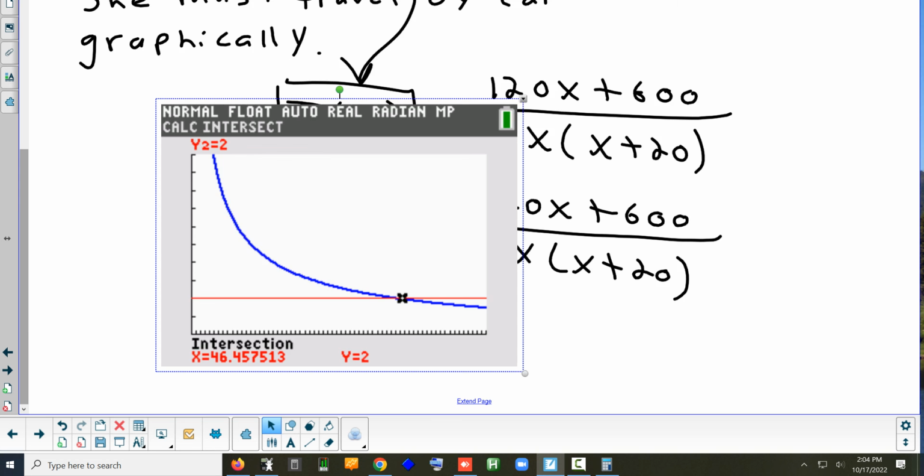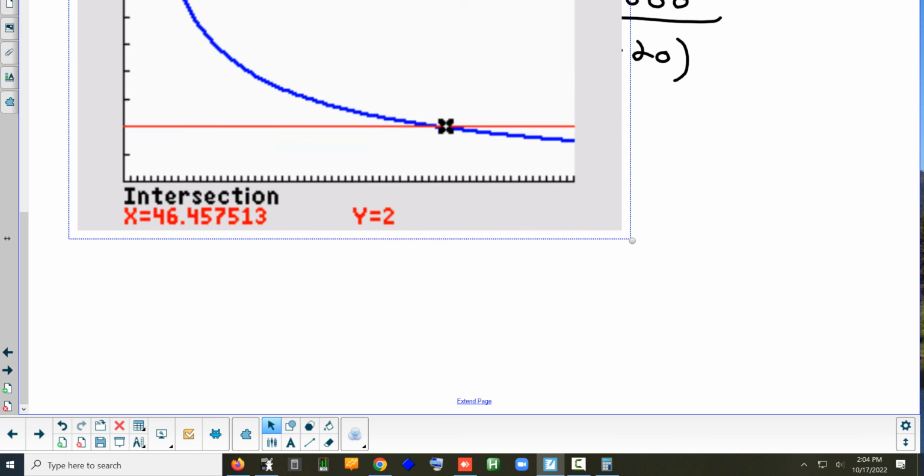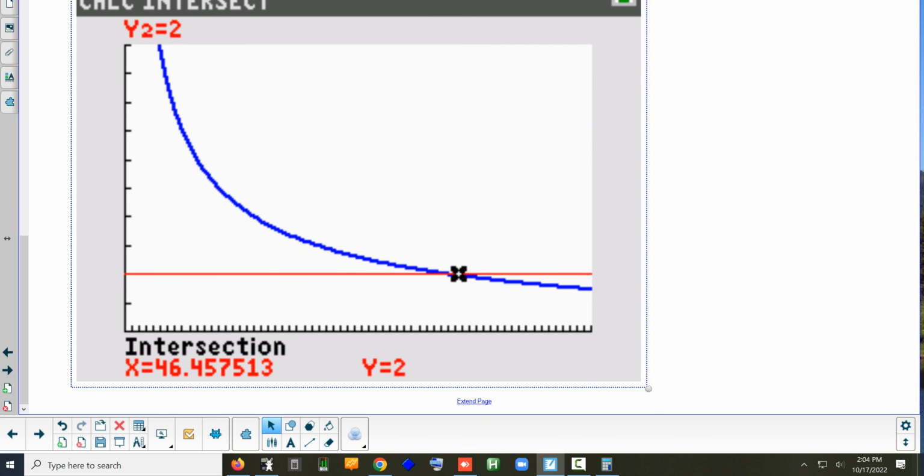So what is the speed that Sue was driving at to complete the trip in 2 hours? What's the speed she was driving at? 46.46 miles per hour. There's your speed right there.